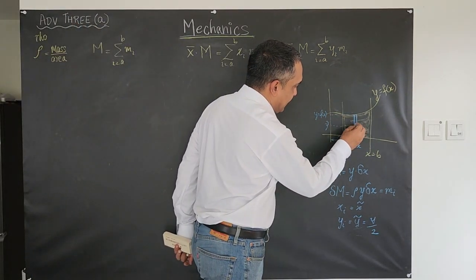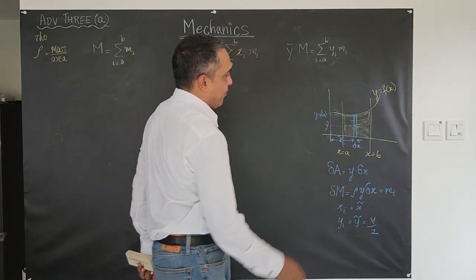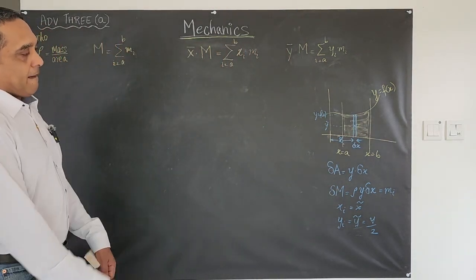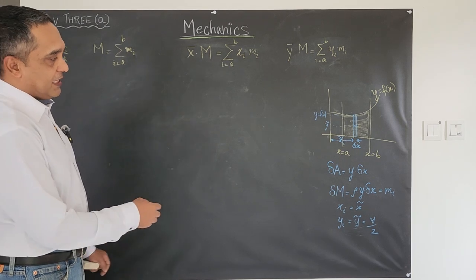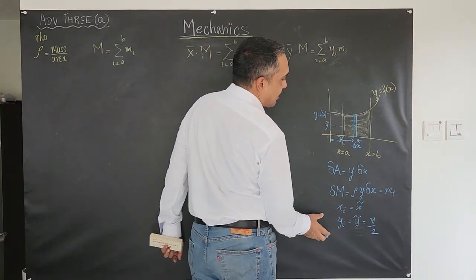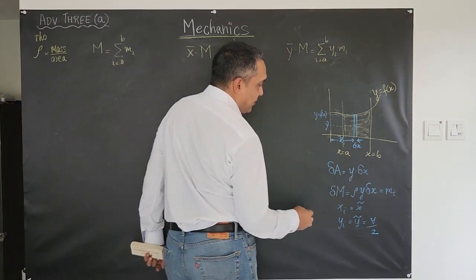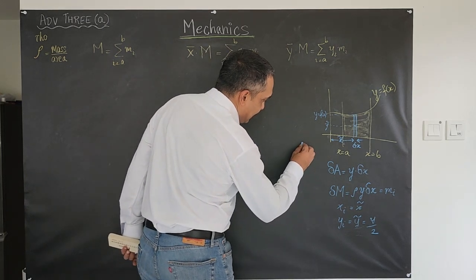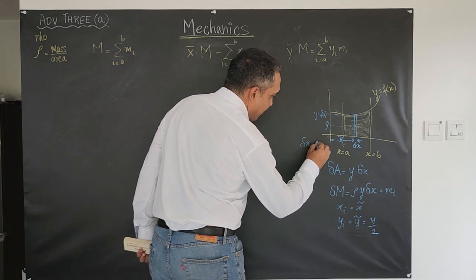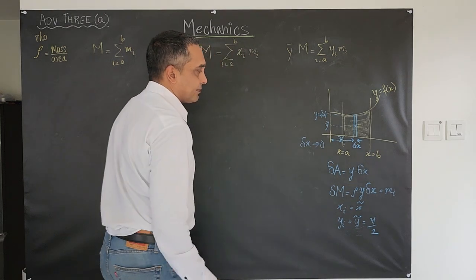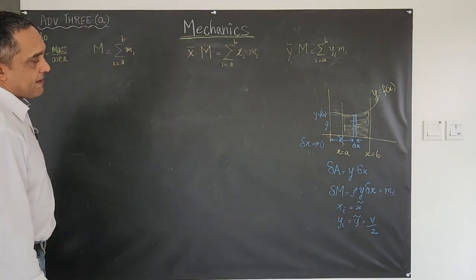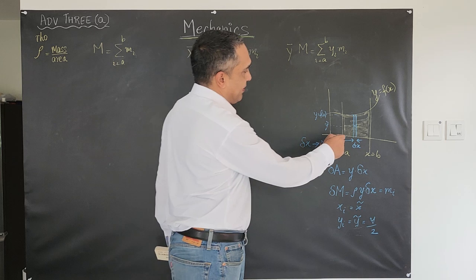So I've spotted the center of mass here as half of y, and then I've taken it as x. The reason why I can do this comfortably is because I'm going to set delta x approaching 0, so it becomes an extremely, extremely tiny value.